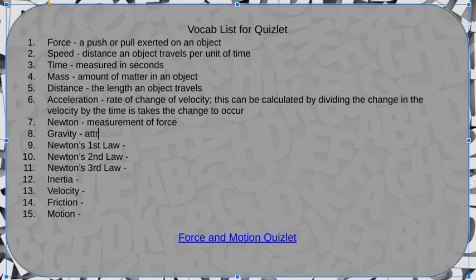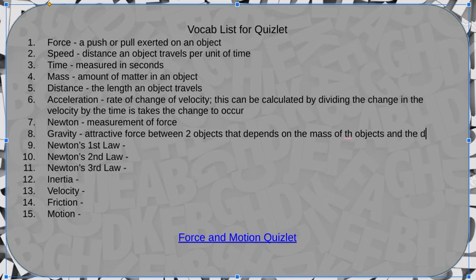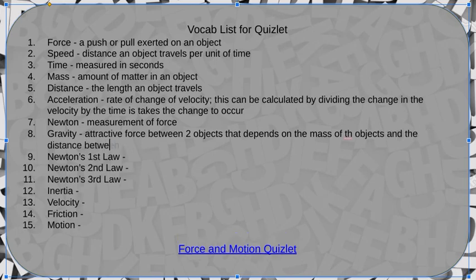Gravity is an attractive force, not like you really like it, but it's a force that deals with attraction between two objects that depends on two things: the mass of the objects and the distance between them.